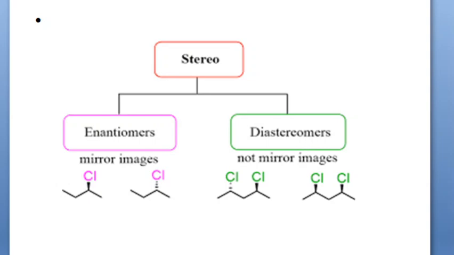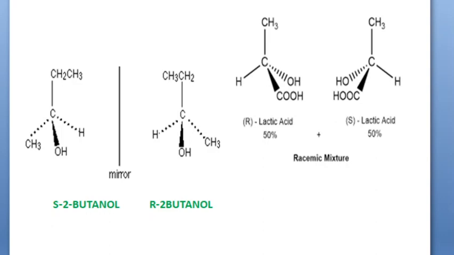Let us see more detail about enantiomers. Here the examples given are R lactic acid and S lactic acid. We have studied R and S nomenclature. This carbon is surrounded by four different groups: hydrogen, methyl, hydroxyl and carboxylic acid, and by the CIP rules it is R configuration, and this one is S configuration.